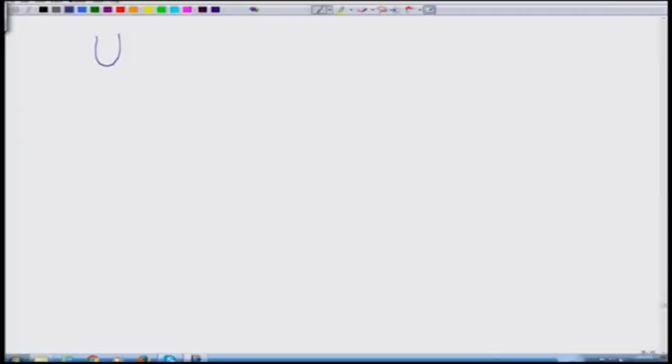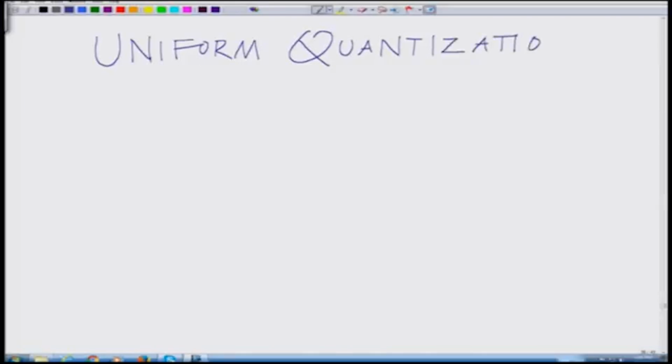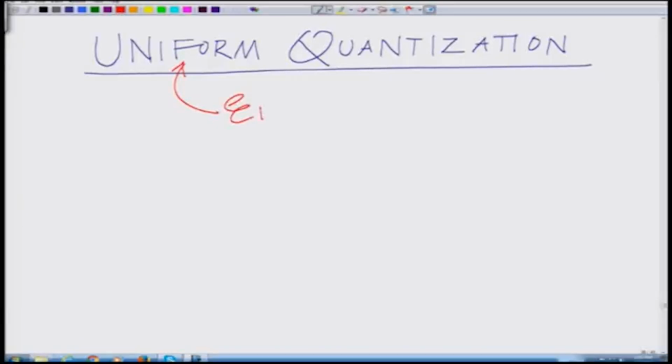So let us now look at a uniform quantizer with an even number of quantization levels. We are continuing to look at uniform quantization. Previously we have seen uniform quantization with an odd number of quantization levels. Let us now look at uniform quantization with an even number of quantization levels.